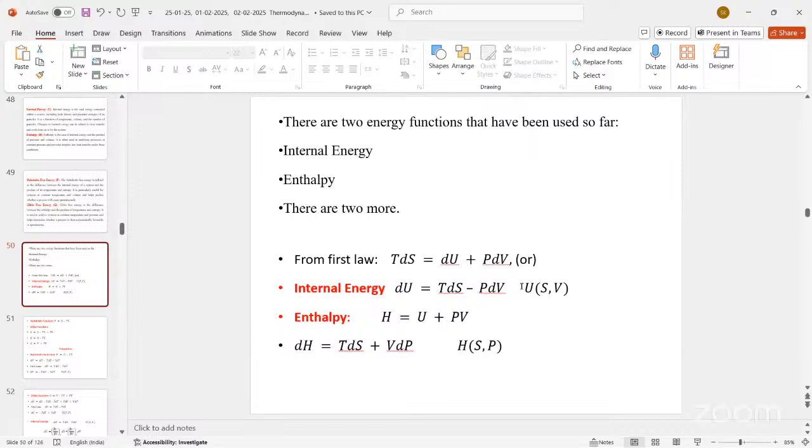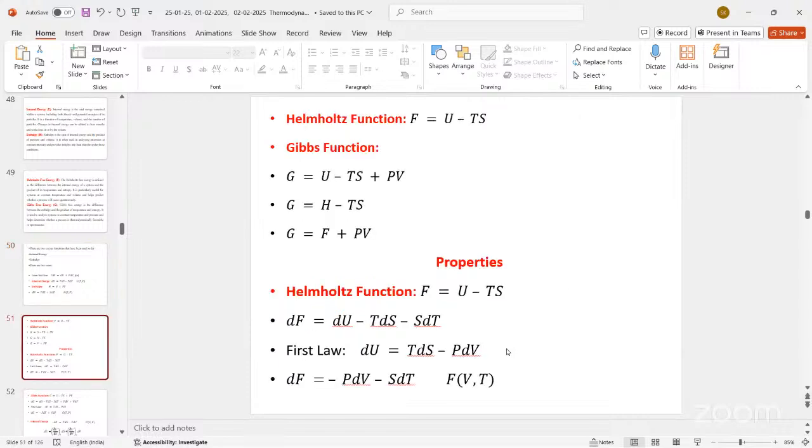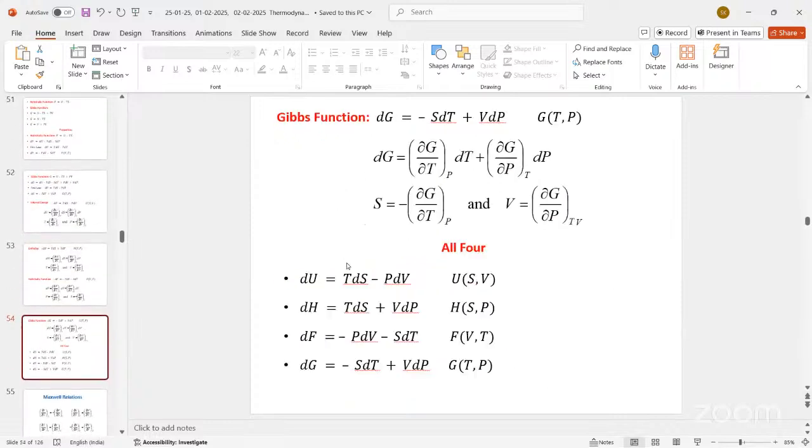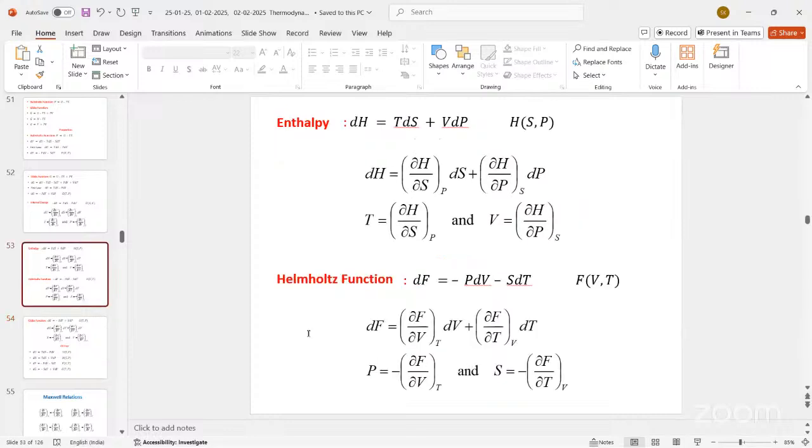Enthalpy H we take with S and P, and these are the Helmholtz energy and Gibbs function equations. Finally, the thermodynamic potentials are these four: dU is equal to TdS minus PdV, where U is a function of S and V; dH is equal to TdS plus VdP, H is a function of S and P; dF is equal to minus PdV minus SdT; and dG, this is the Gibbs function.